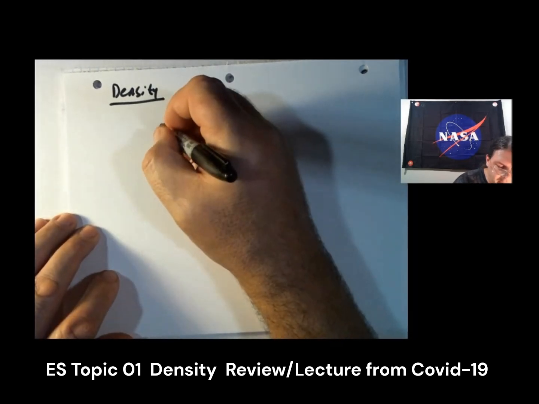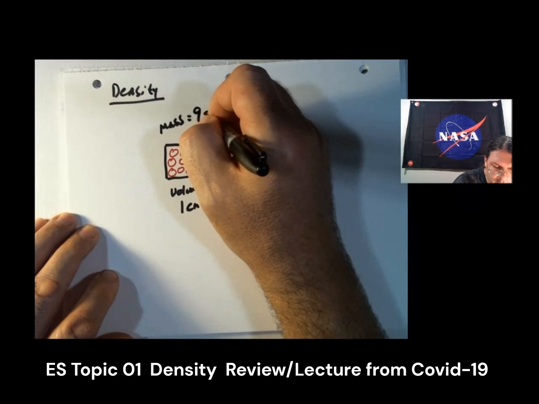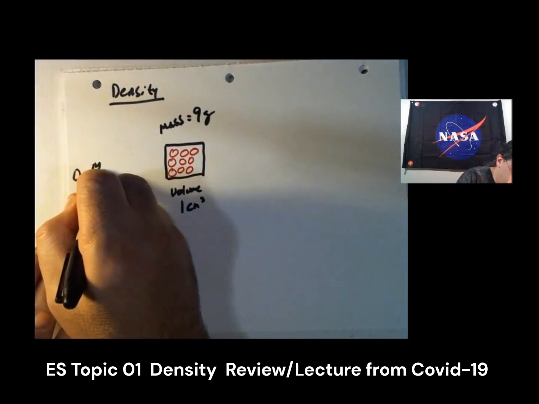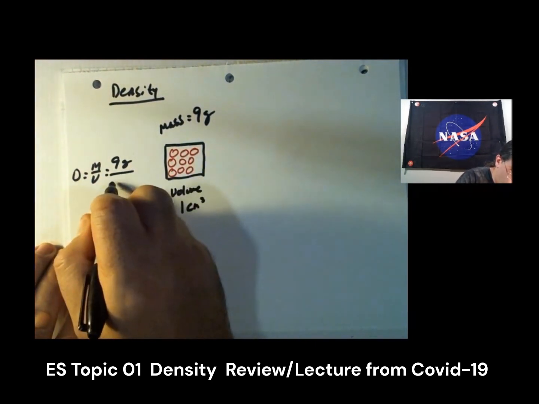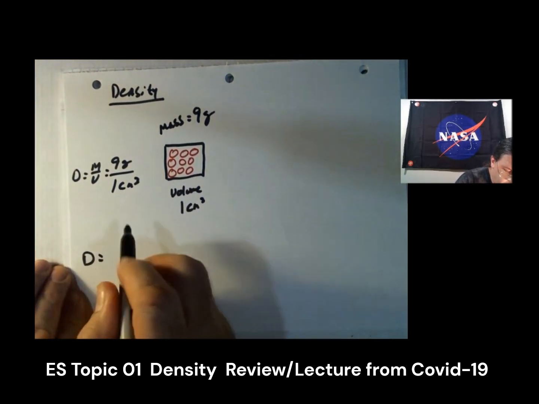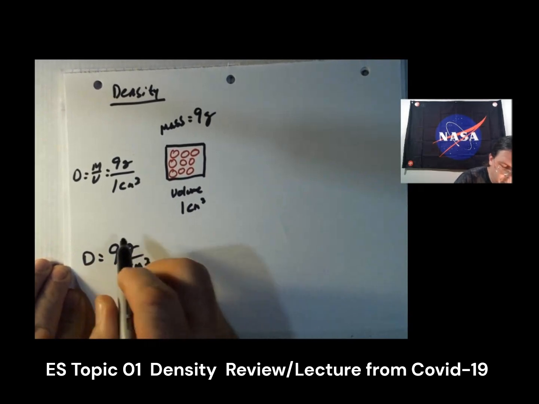And my mass, we'll use 9 grams again. So my density, mass over volume, equals 9 grams over 1 centimeter cubed. So my density is equal to 9 grams per centimeter cubed.